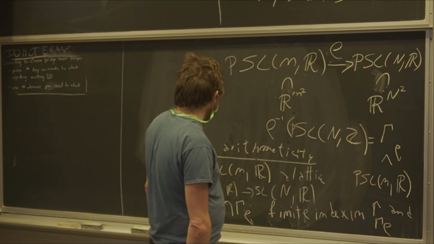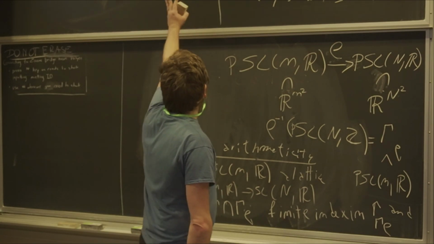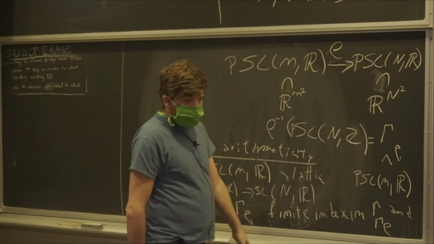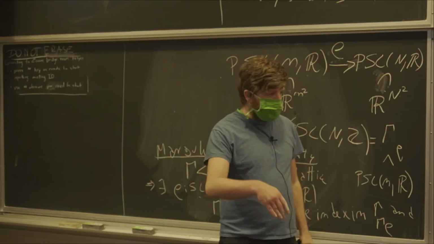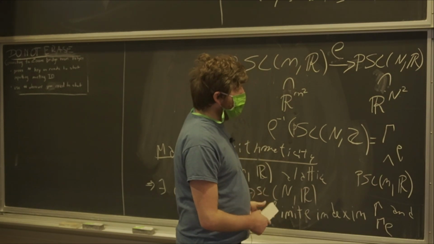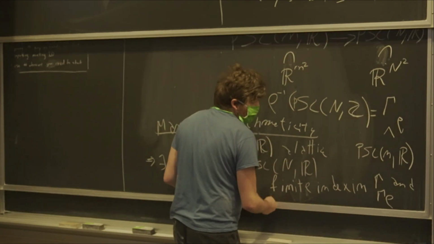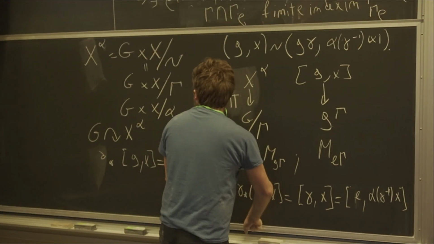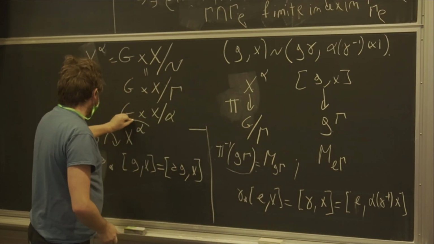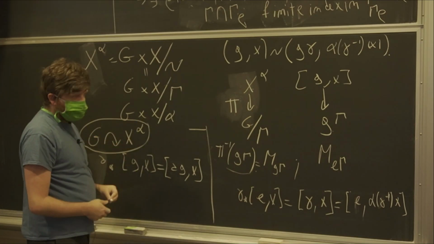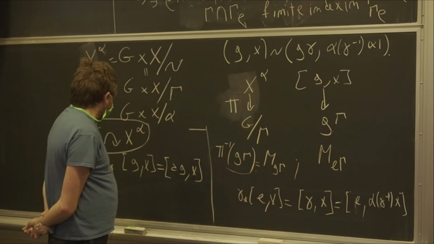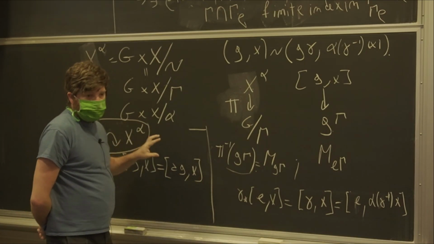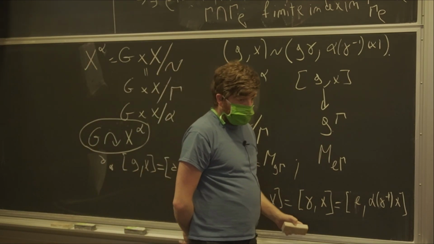Okay, let's go back to our discussion. So we have this G action on X_alpha. I will write it again now, so don't worry. So I have this induced action of G on X_alpha, and we want to find an invariant measure for it.